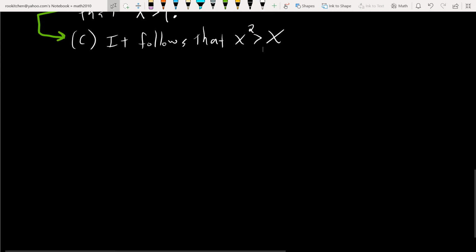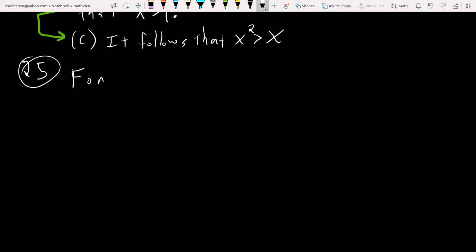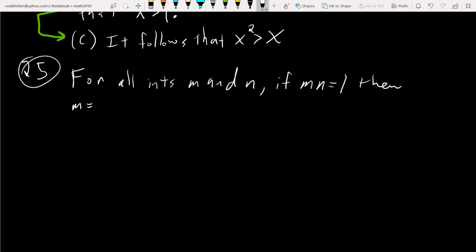Let's look at another one. This is now 25. And what do we have? For all integers m and n, if m times n is equal to 1, then m equals n equals 1, or m equals n equals negative 1.